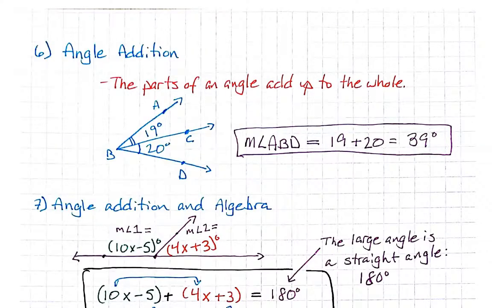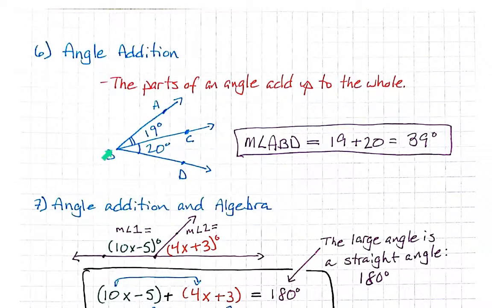All right, this has a lot of similarities with the segment section, but we have a thing called angle addition. Just like the parts of a segment add up to the whole, the parts of an angle add up to the whole. So here, I've got two smaller angles, a 20-degree angle and a 19-degree angle, and together they form this larger angle, ABD.